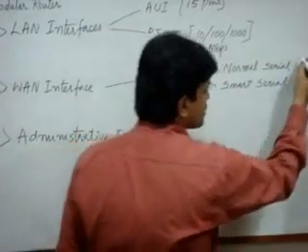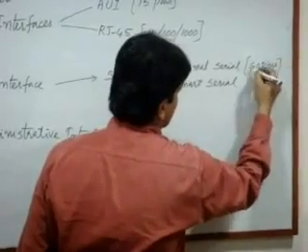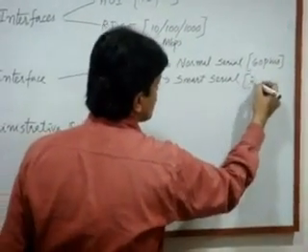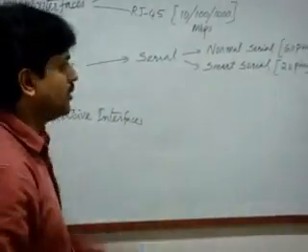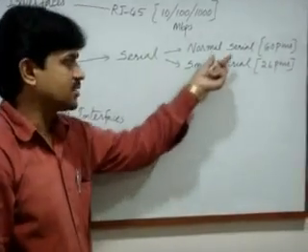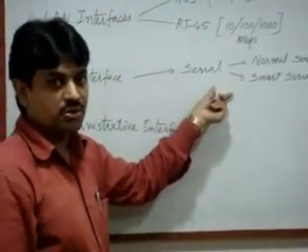The normal serial interface has 60 pins and the smart serial interface has 26 pins. The function is the same for both; the physical appearance is different. They are used for connecting branch offices or remote locations.